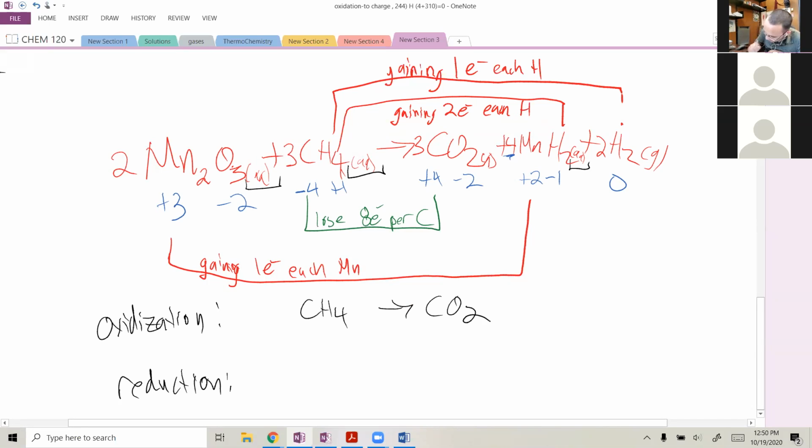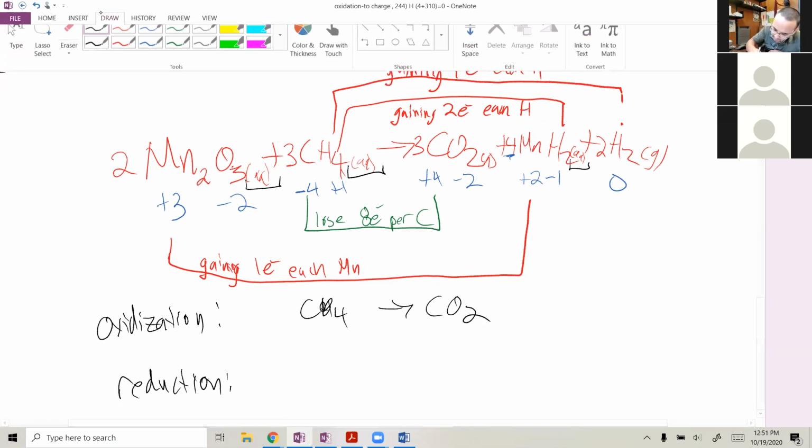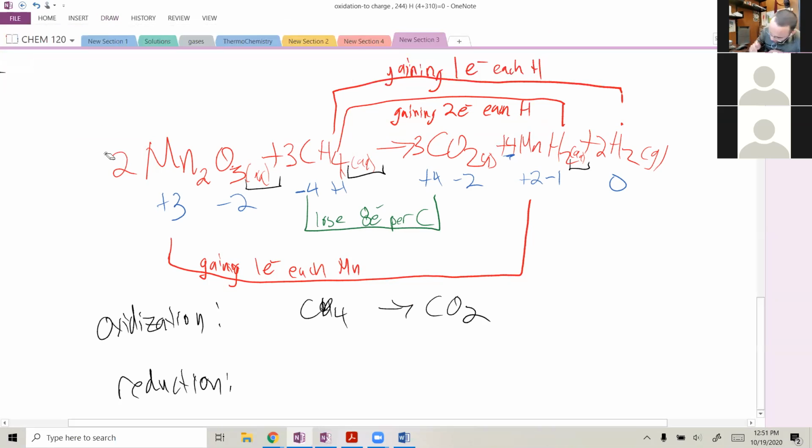Now for that CH4, we're going to split that up because it's aqueous, and we're going to pretend as if we had our carbon separated from our hydrogen. So that's CH4. We're going to pretend that this is a C4 minus, and the hydrogens are plus ones.